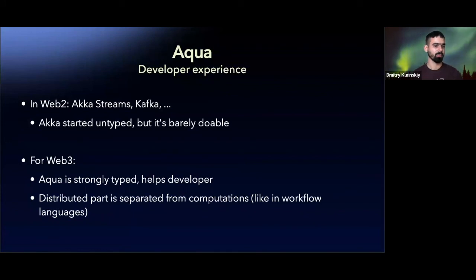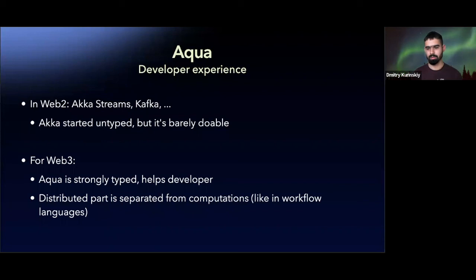Then a couple of words about developer experience. In Web2, we have a lot of tooling to protect from common bugs and problems. And usually this is critical, just super critical to have. For example, Aqua started untyped, but its development with untyped Aqua is barely doable.